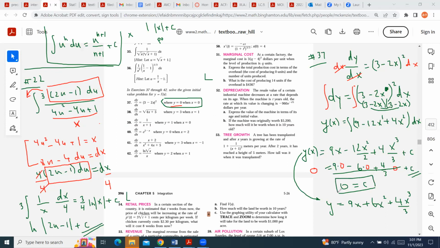If I had some other condition, then the constant would not be 0, it would be some other number. So that gives us an idea. Remember that it's not just one function, but a family of functions. And that's why they give this so-called initial condition.